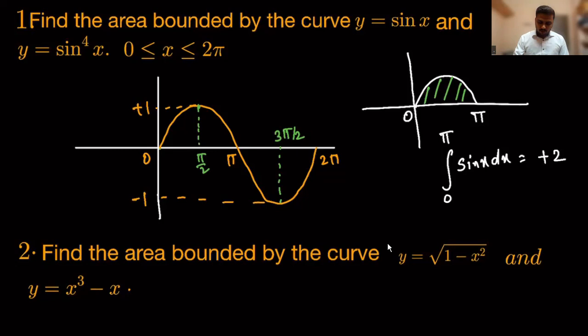So I will get this shape of graph. Okay, this is the graph of sin raised to power 4 x, correct? And the same type of graph will be there. This will be the graph.